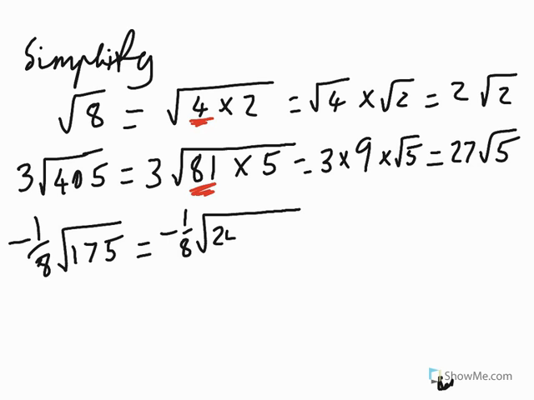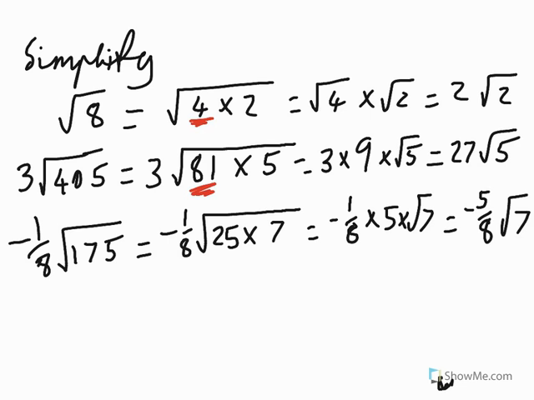Well, 25 certainly does. How many times? It goes in 7 times. So we've got negative 1/8 times 5 times root 7, which is negative 5/8 root 7. Alright, so that's simplifying for us.